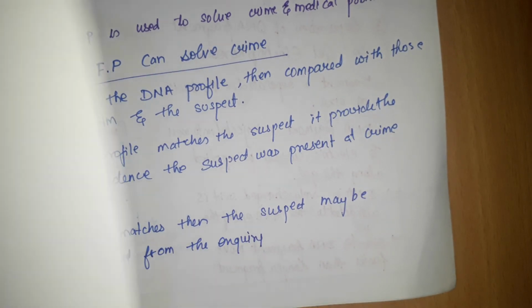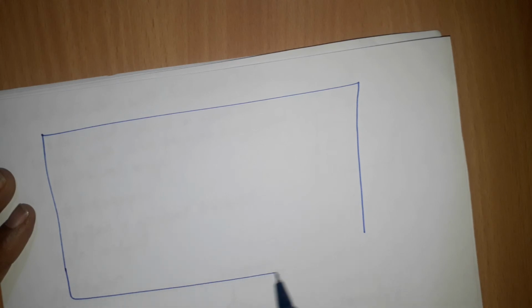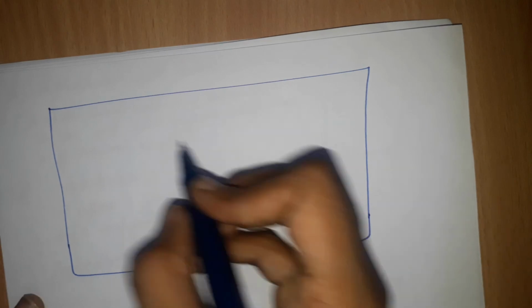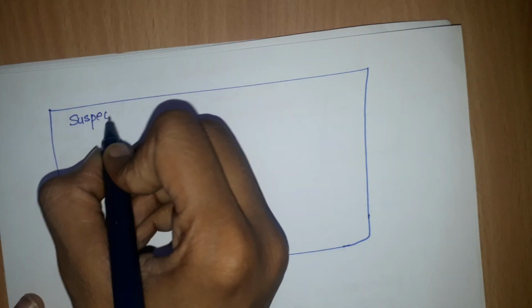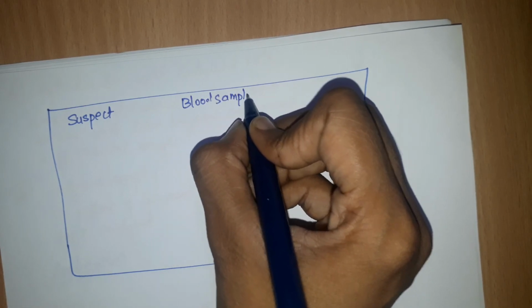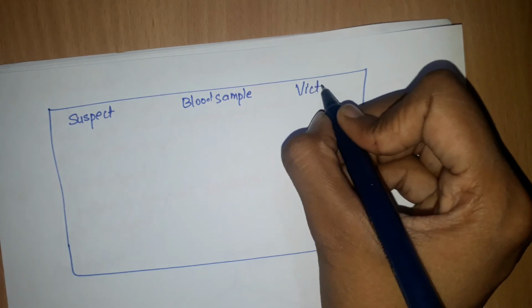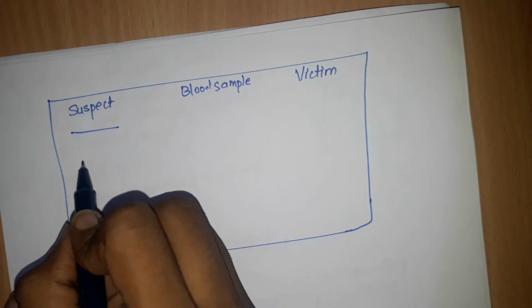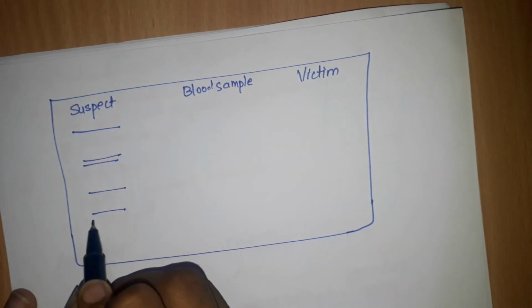Okay, let's see. They get a certain pattern. This is for the suspect. They get it for the blood sample they got from the crime scene, and this is from the victim. How do they get the strand pattern?